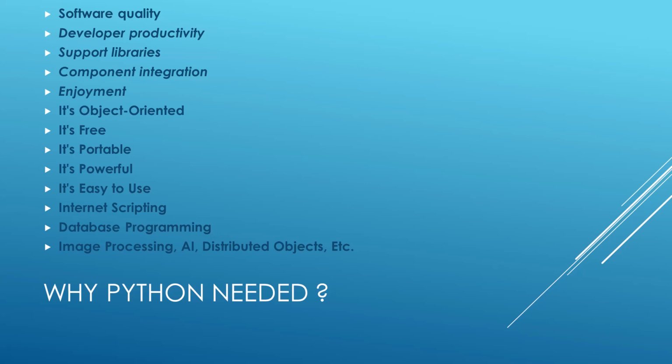Image processing, AI, distributed objects, etc. Python is commonly applied in more domains than can be mentioned here. But in general, many are just instances of Python's component integration role in action.